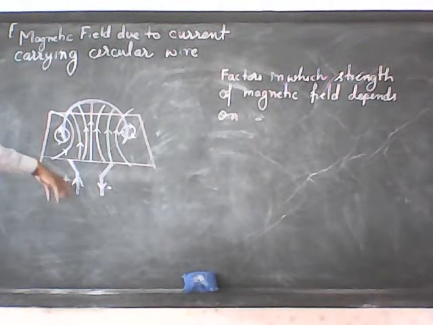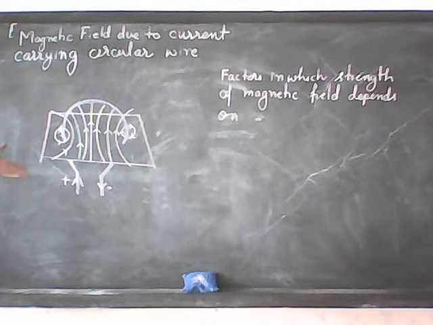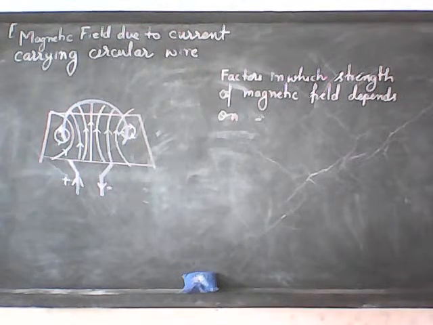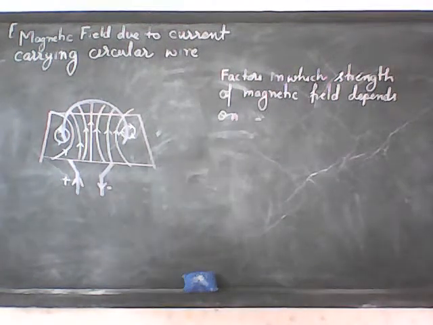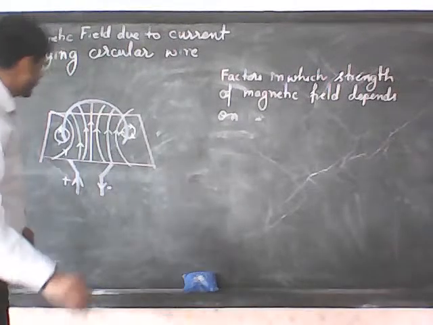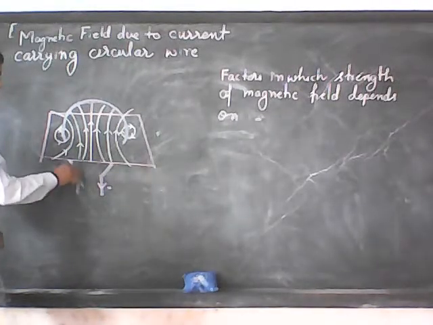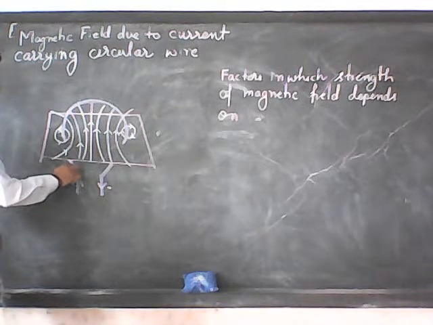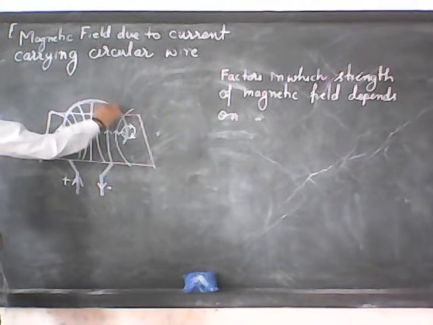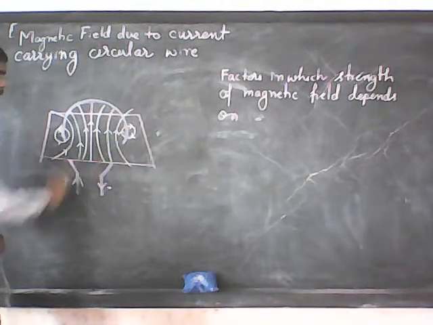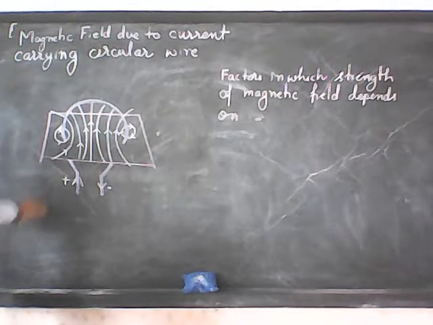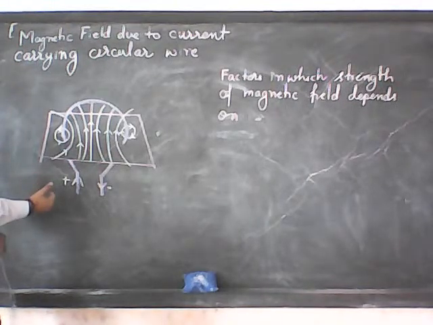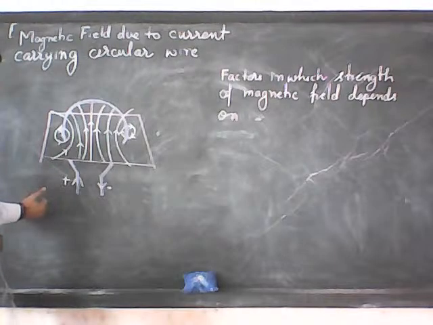We will try to learn the pattern of magnetic field lines produced around the current carrying circular loop. Suppose, students, this is a current carrying conducting wire in the form of a circular loop. What will be the pattern of magnetic field?